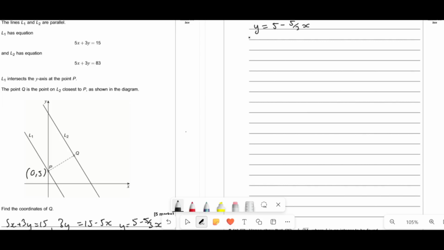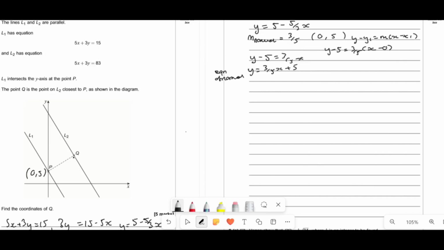Therefore, the gradient of the normal is going to be the negative inverse, which is 3/5. And I know that now we have these coordinates of (0, 5). So y minus y1 equals m times x minus x1. So y minus 5 equals 3/5 times x minus 0. So y equals 3/5 x plus 5. So that is the equation of the normal.